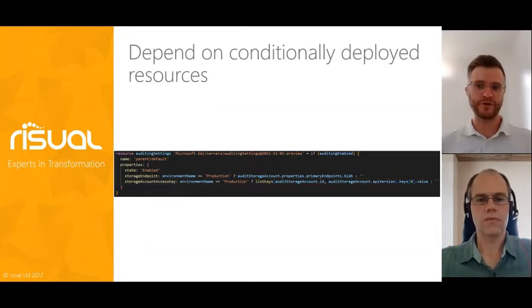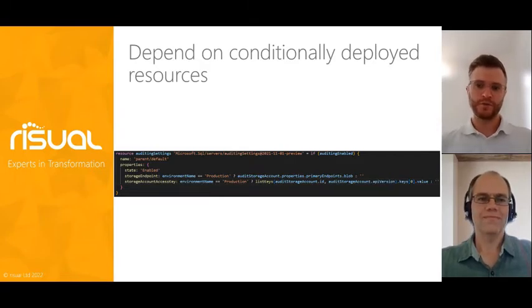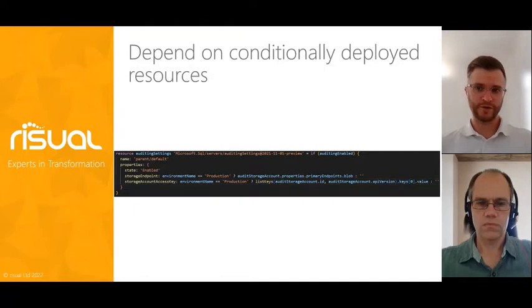So it's strange, because the auditing settings shouldn't deploy if the environment is development. But it seems to be an issue in the backend ARM template that gets deployed when you deploy your Bicep template. So to make the template work, you need to add some more conditioning to the storage endpoint and the storage account access key properties. So in this example, we have additional conditioning and it will function as expected.